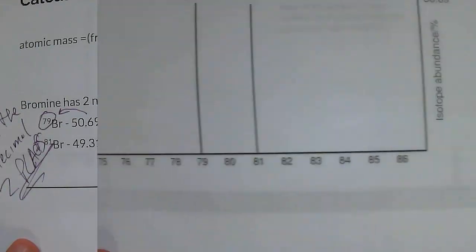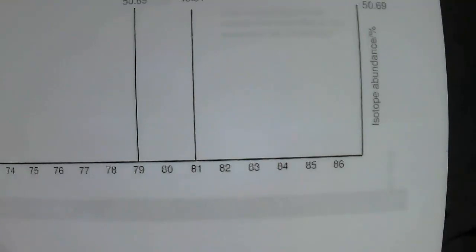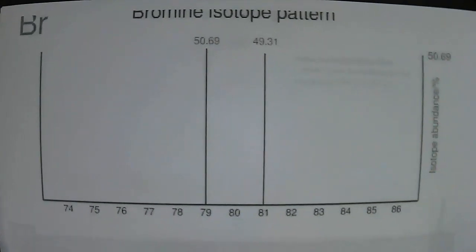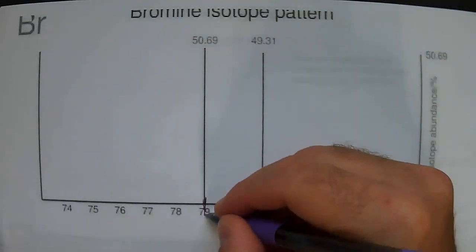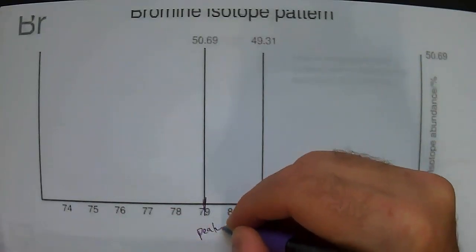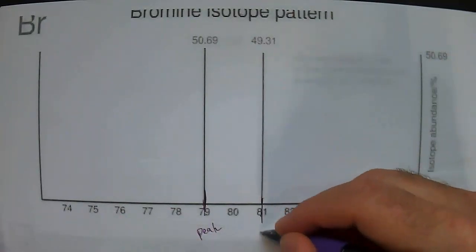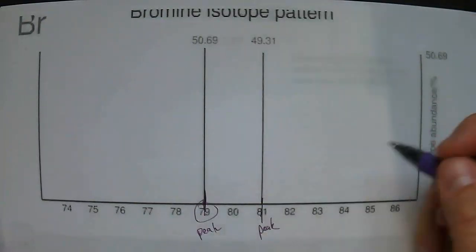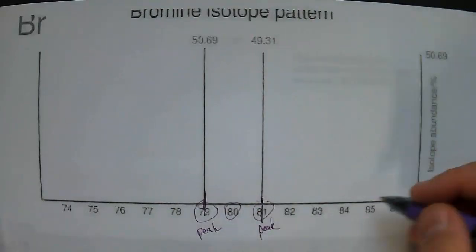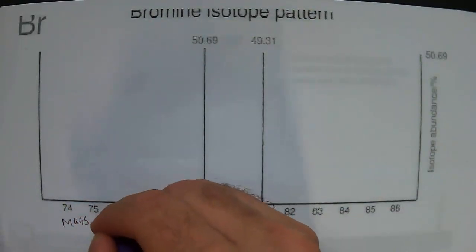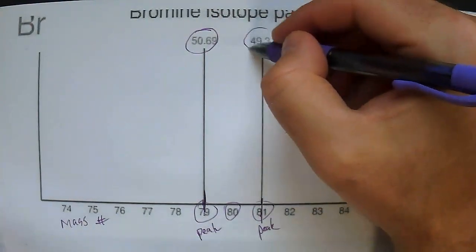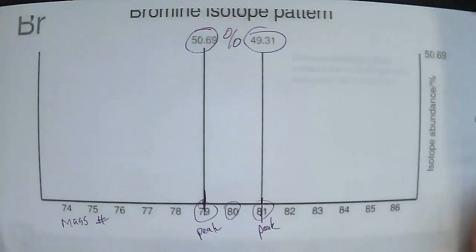And just to let you know, this is what the bromine mass spec looks like. Each of these things is called a peak. We have a peak at 79, we have a peak at 81, and so it gives us the mass number. Here the x-axis is mass number, and up here, this is the percent abundance.